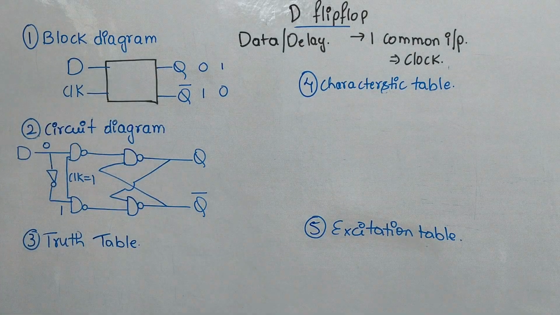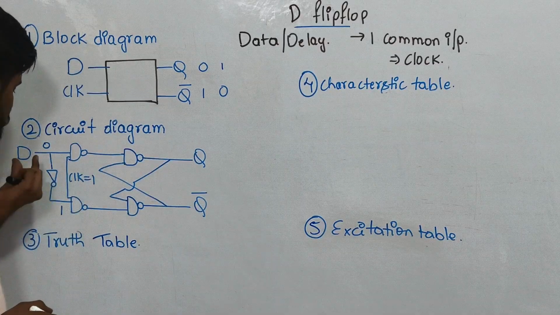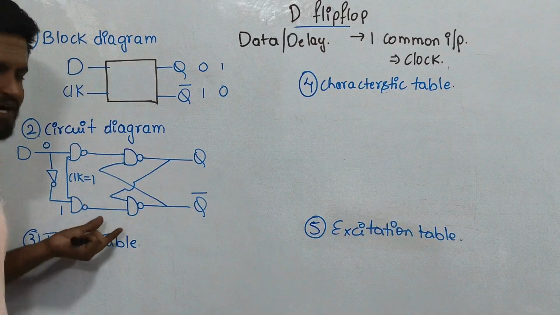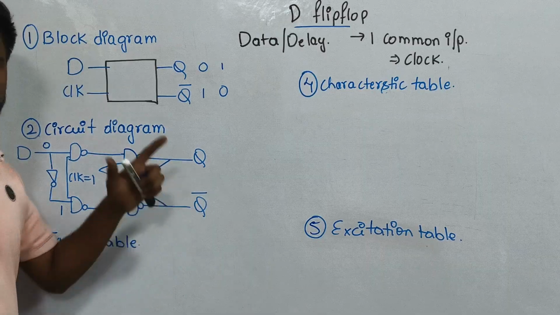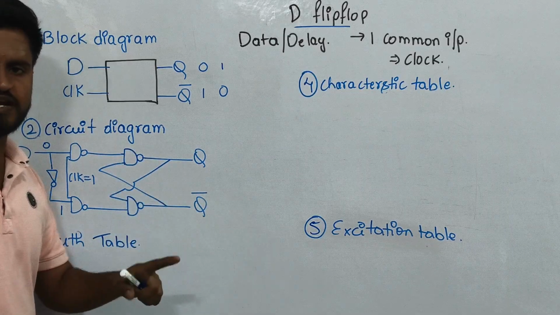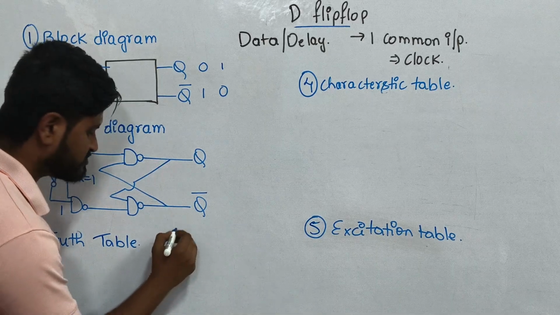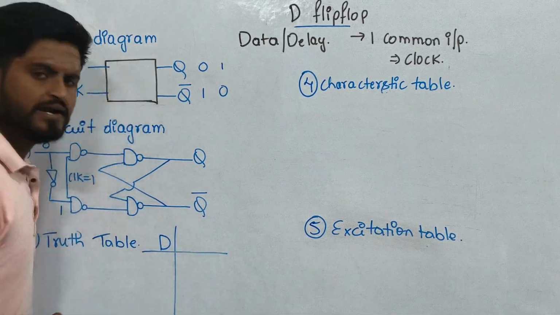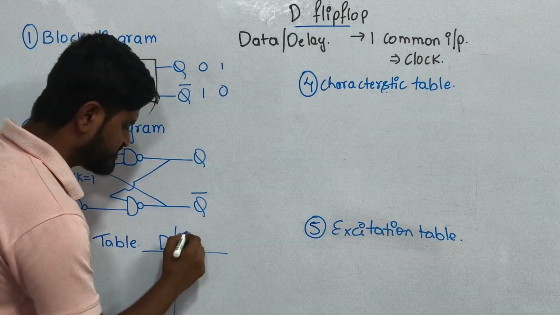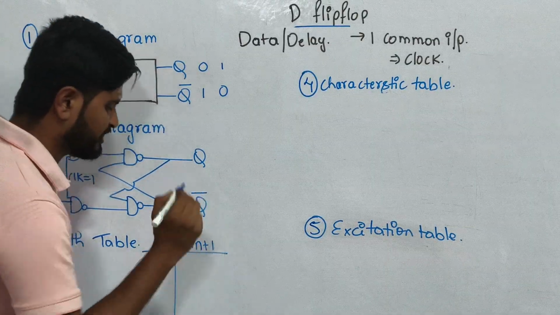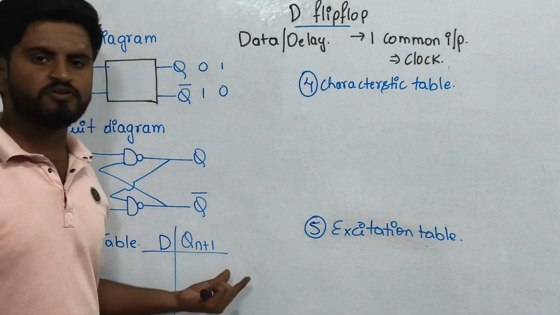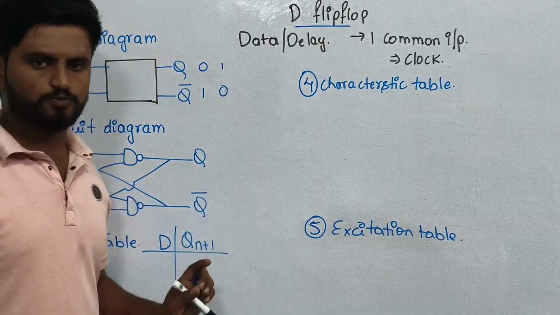Now, let's write the truth table. If you see, clock and D are my inputs, but clock value will be always equal to 1 and it will be in the on state in every condition. So I will just take D as my input and my output will be present state output, that is Qn plus 1. Qn plus 1 represents present state output.